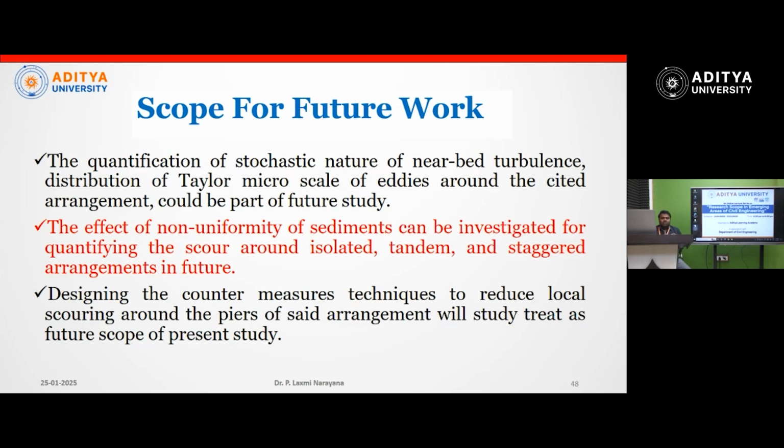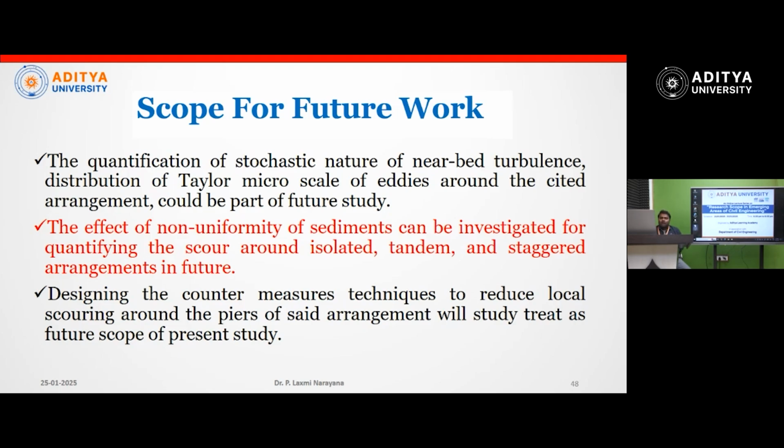Now the same experimentation you can carry out on non-uniform sediment, meaning a mixture of different sediment sizes. I used a D50 value of 0.5 mm. You can use a mixture of sediment, keep the same pier sizes, do the analysis and publish it. That is one research gap.